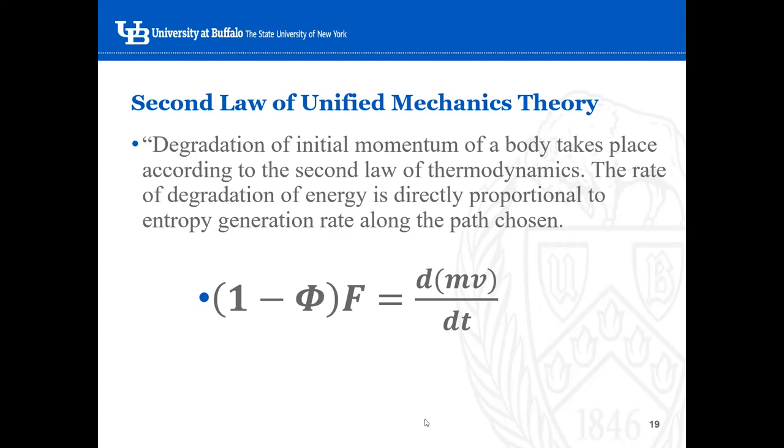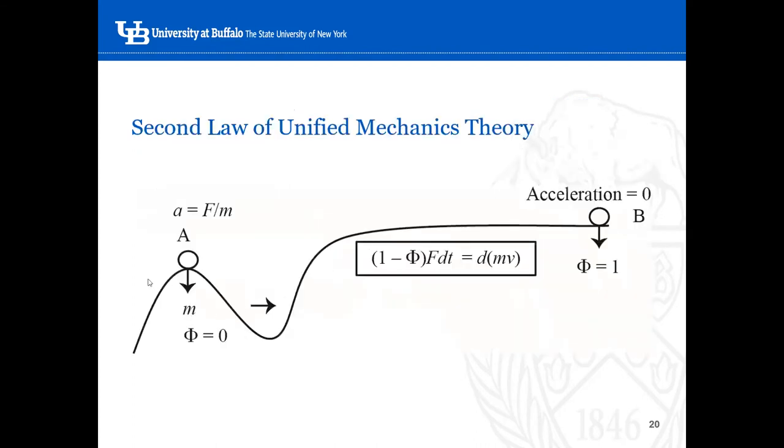But of course, when you unify these two laws, the derivative of displacement or velocity with respect to entropy is no longer zero because you have a new axis. Again, this is a pictorial description of this law. So at this point, phi is 0, A is equal to F over m, but at any point, the acceleration is governed by this equation, and then here, phi is 1, and the acceleration is 0.